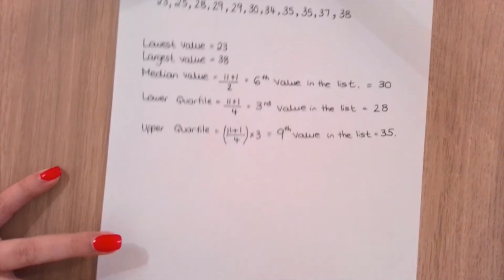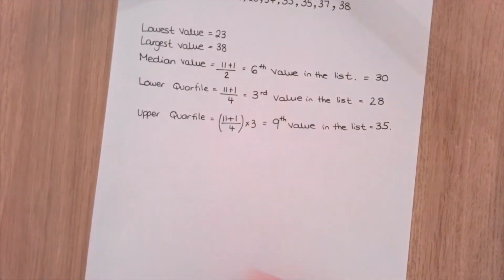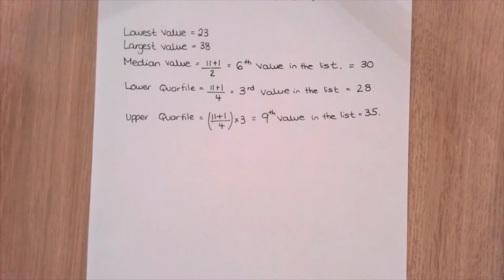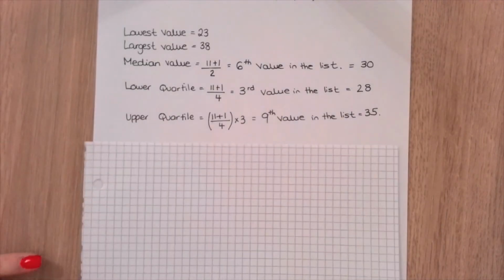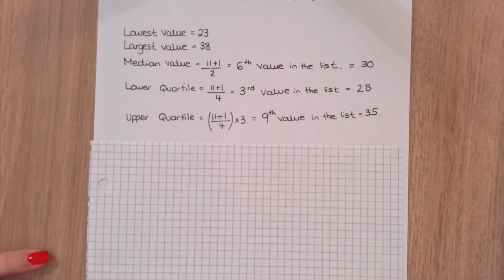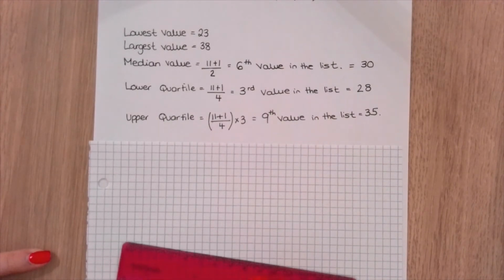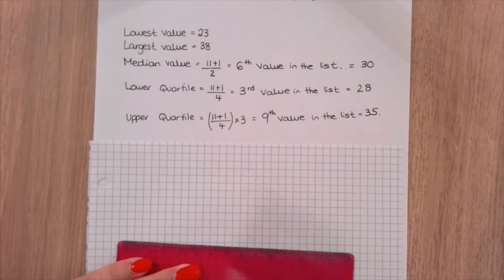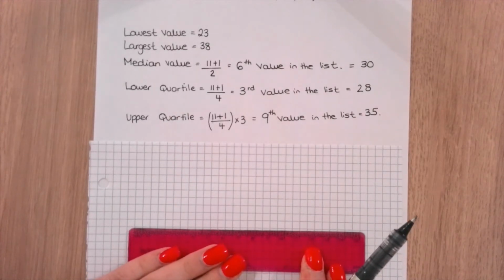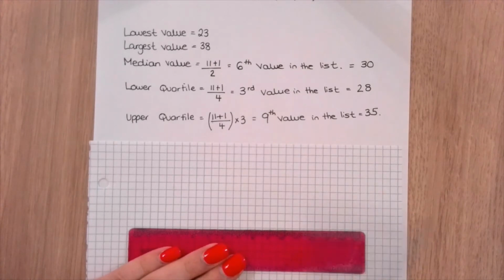So now to put this onto a diagram. I've just got some squared paper here, because you will have squared paper in your books. So I need to think of a scale. I know that I need to go from 23 all the way up to 38. So I will draw my scale on.